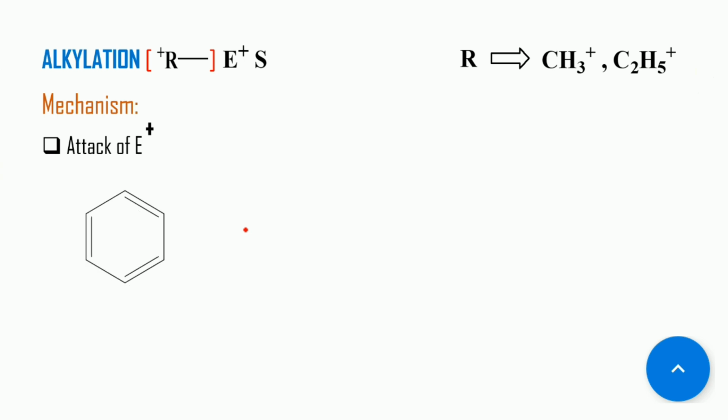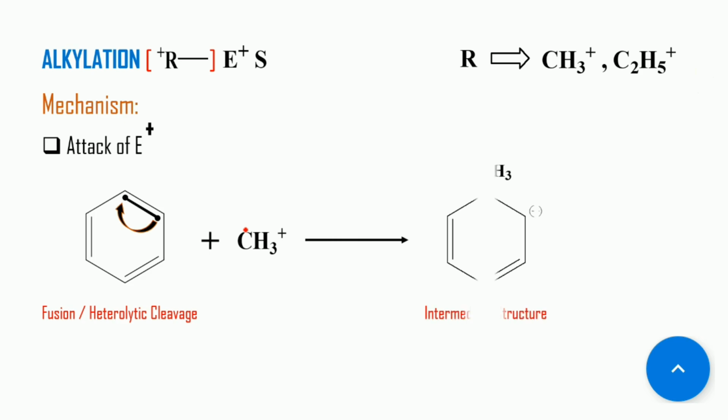Here also fusion takes place in the presence of our electrophile, that is CH3⁺, which will go for the attack where electron density becomes higher. So finally we get an intermediate like this. So this is all about our attack of the electrophile.